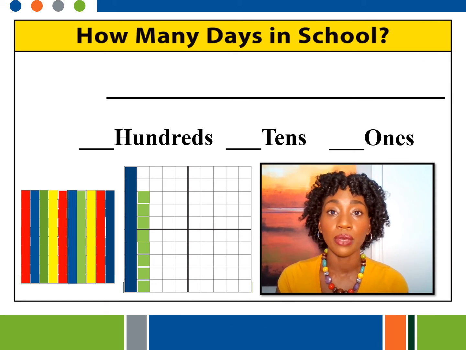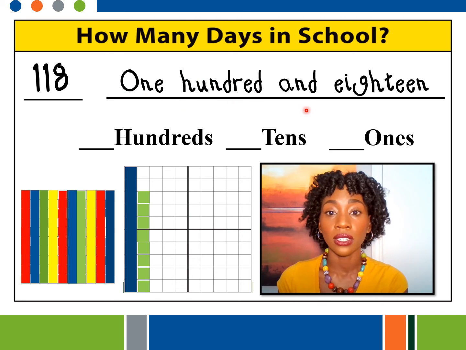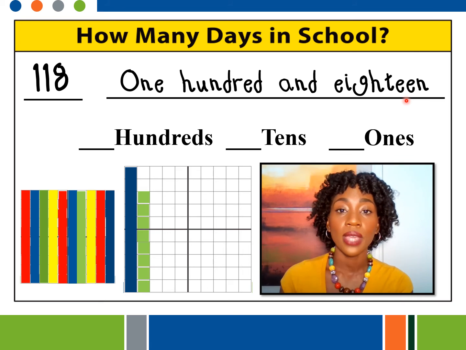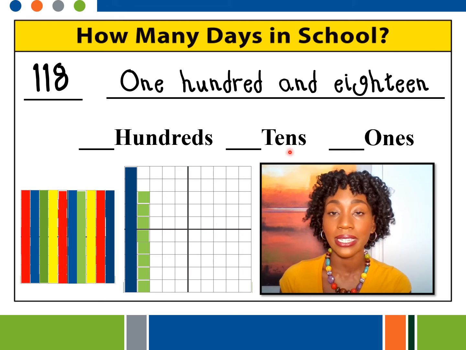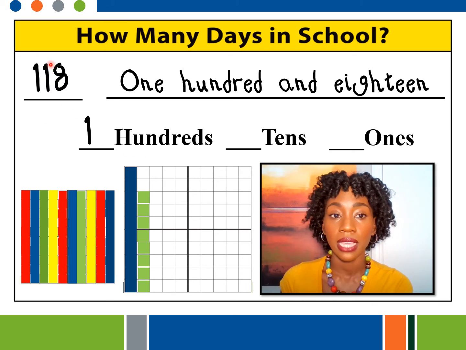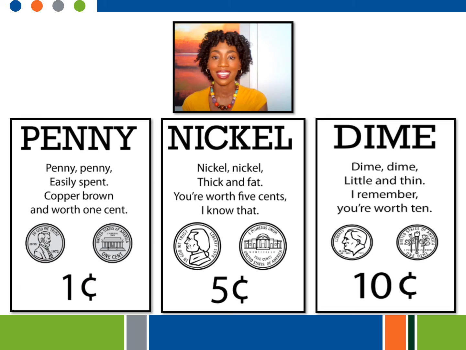So here is how we write the three-digit number, and here is how we spell 118. We know that it's a three-digit number, so we have the number in the hundreds place, the tens place, and the ones. So let's add that 1 that's in the hundreds place, that 1 that's in the tens place, and that 8 that's in the ones place.